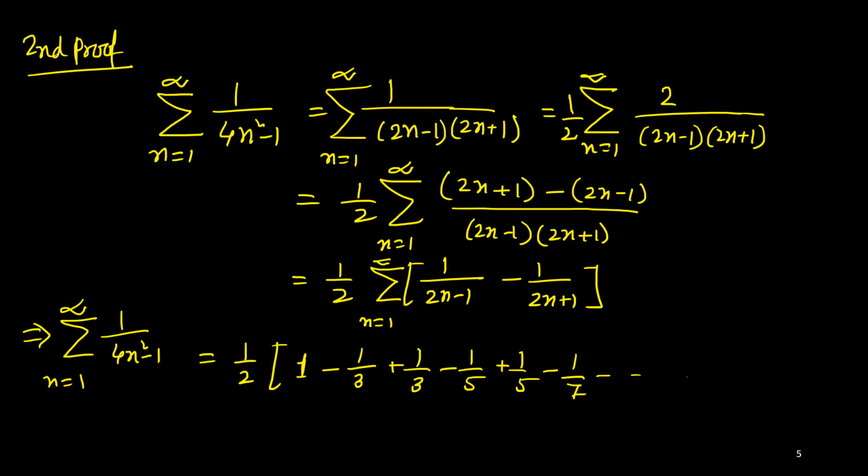So this term, 1 upon 2n minus 1 minus 1 upon 2n plus 1, will continue like that, and you will see these terms cancelling out, this and this, this and this, all will cancel out, and this is left out, and you see this value will become 0 as n is going towards infinity.